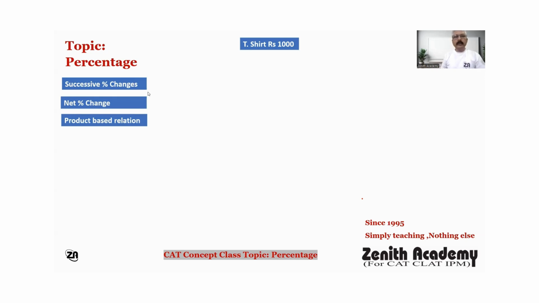Now see successive percentage change. What is successive percentage change? Like this t-shirt is of rupees 1,000. In a showroom, the cost price of this t-shirt is 1,000 rupees. First, the salesman offered you a 10% discount, then it is 900.